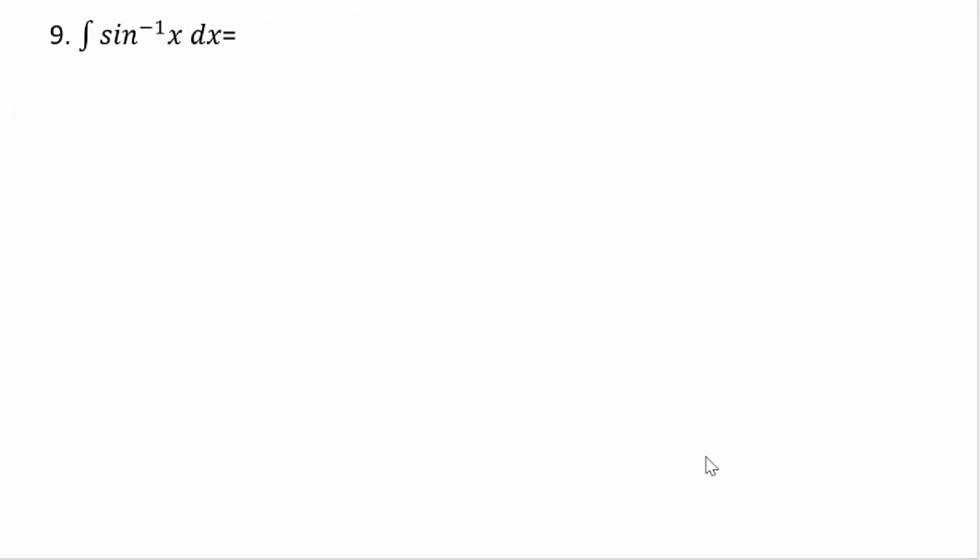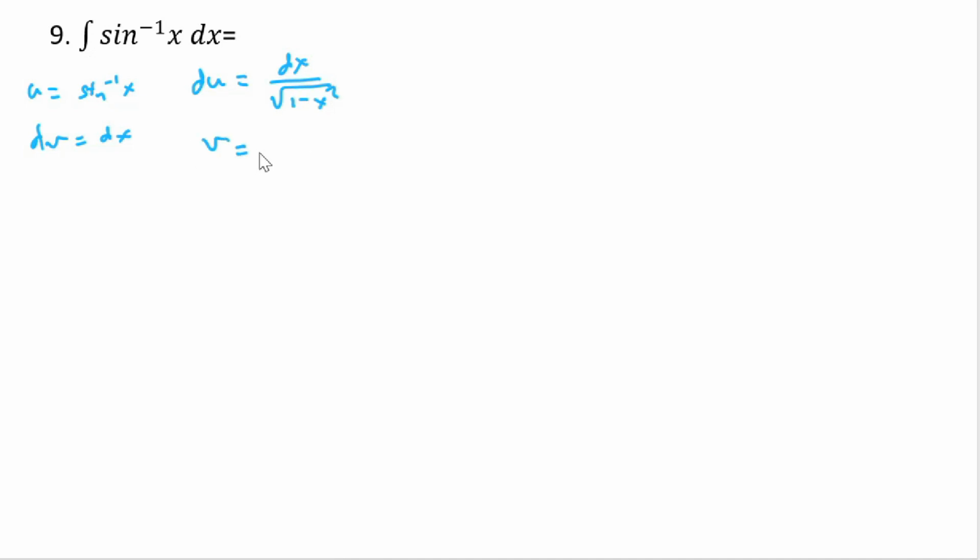So for number 9, we have the integral of the arc sine of x dx. So our u here is the arc sine of x and dv here is just equal to dx, and then the derivative of the arc sine of x, we have du is equal to dx over the square root of 1 minus x squared.